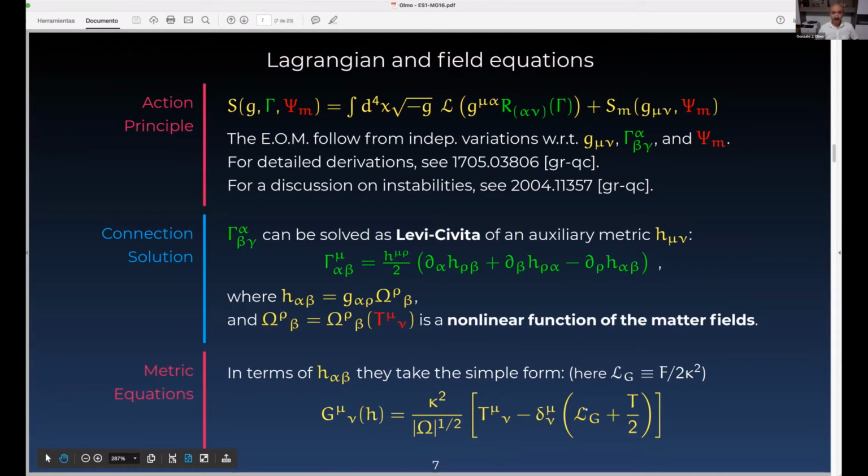But the gravity Lagrangian is a function of the Ricci, and as we can see here, the Ricci is a function of the matter sources. So this function, this LG, can also be written as a function of the matter. So everything on the right-hand side is a nonlinear function of the stress energy tensor.